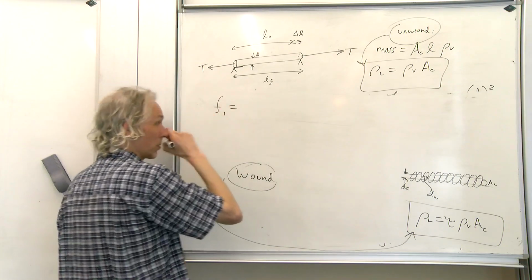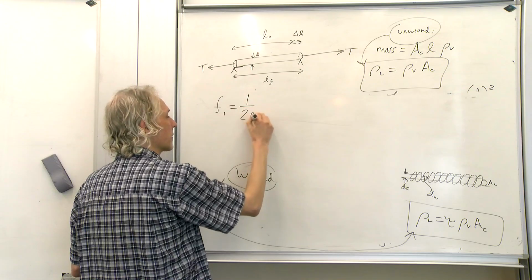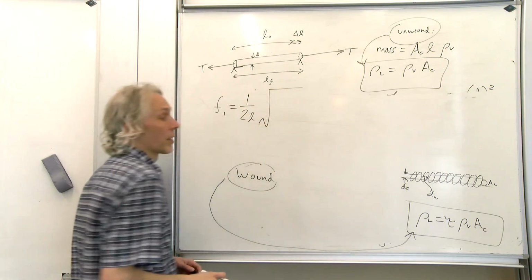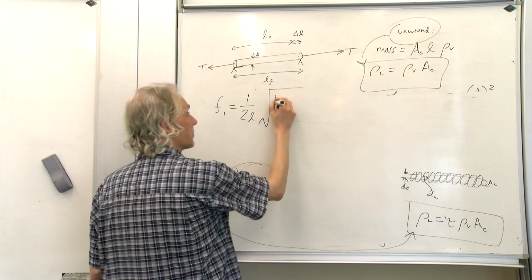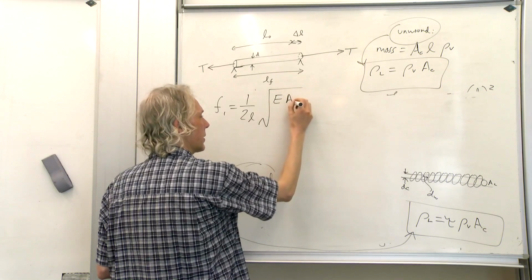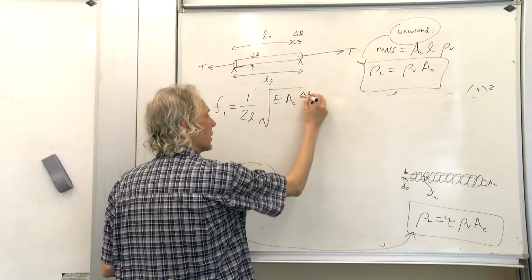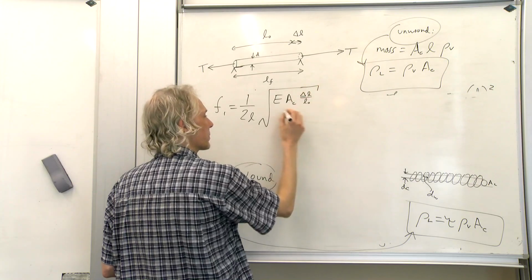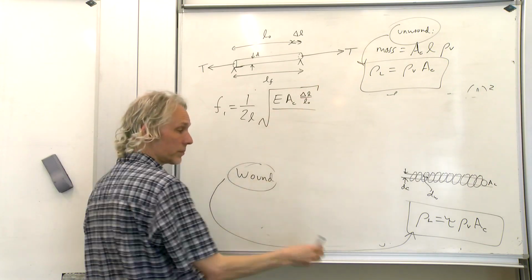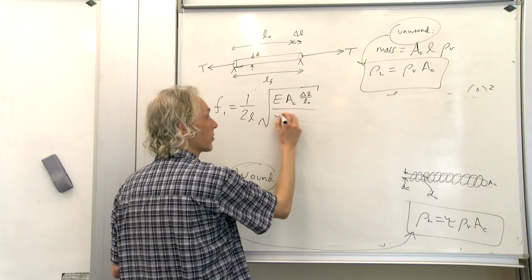So frequency equals 1 over 2L times the square root of, and we have E A delta L over L naught over, and this time we've got a tau involved.